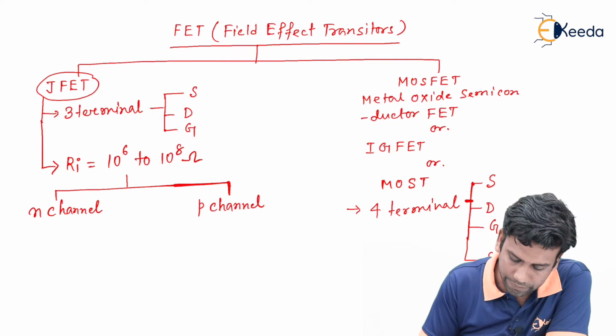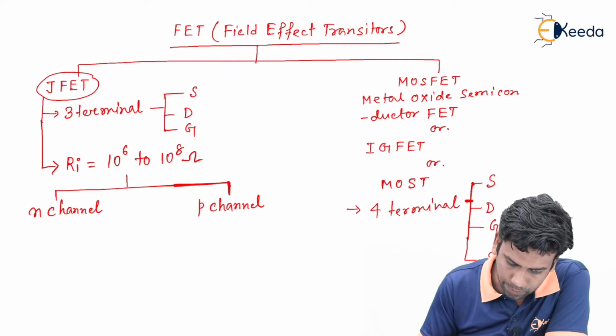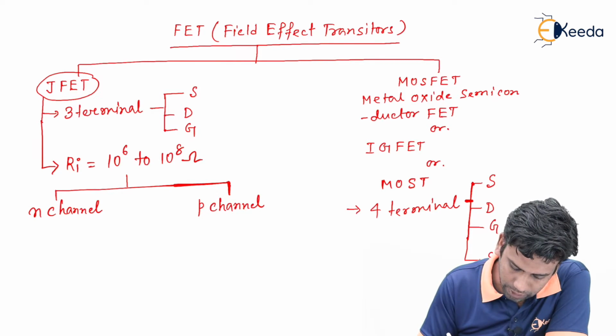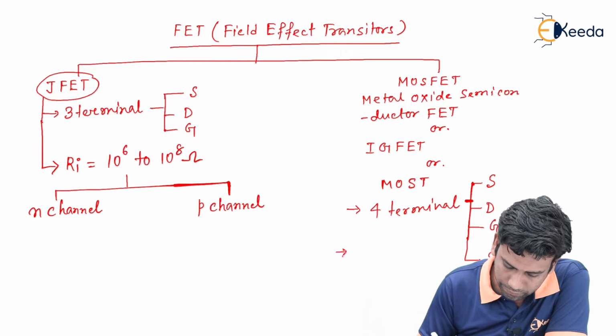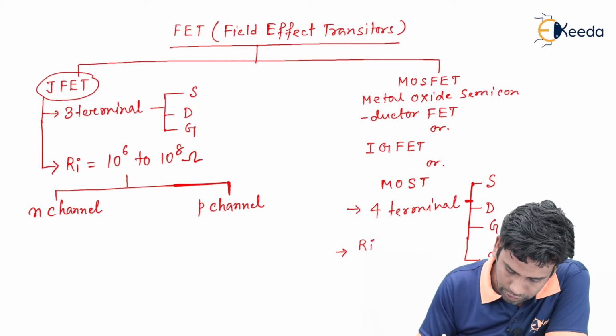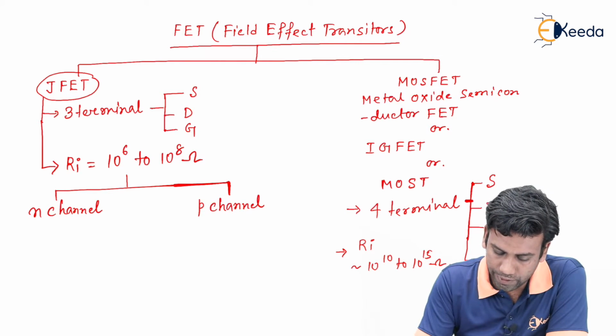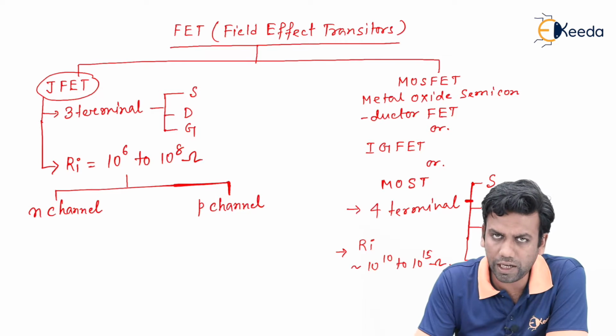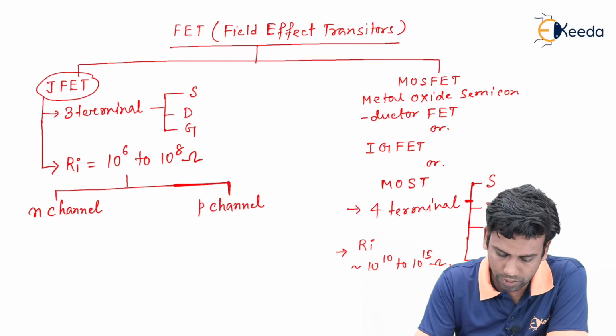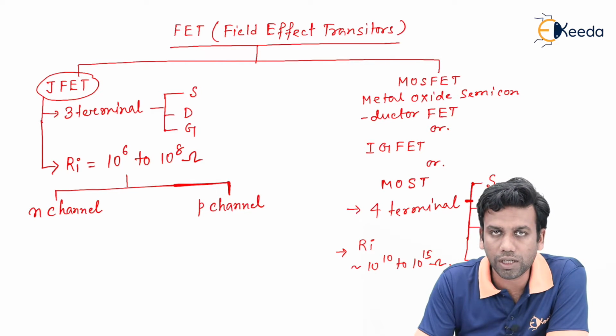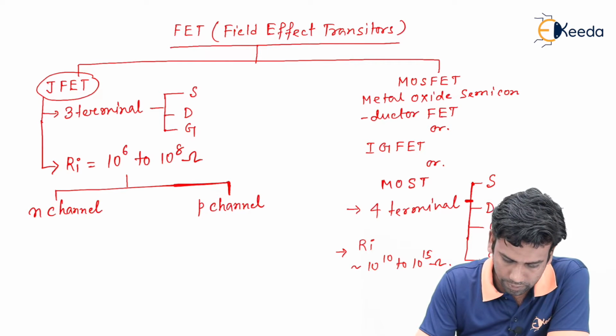SS means substrate, and the input impedance of the metal oxide semiconductor FET is of the order of 10 to the power 10 to 10 to the power 15 ohm. That means the MOSFET will have a very high value of input impedance compared to the junction field effect transistor.